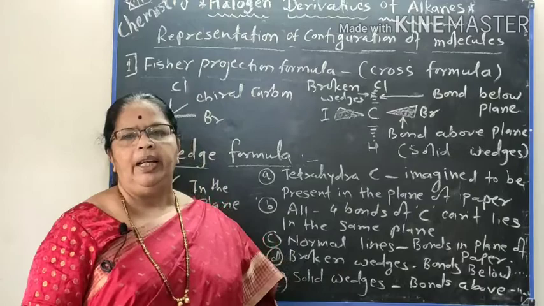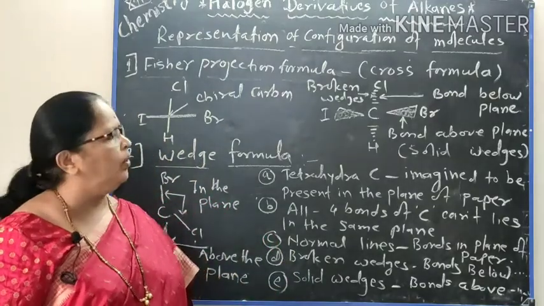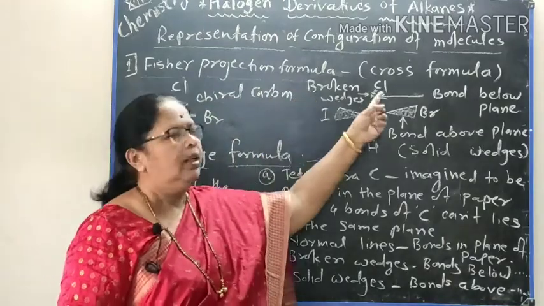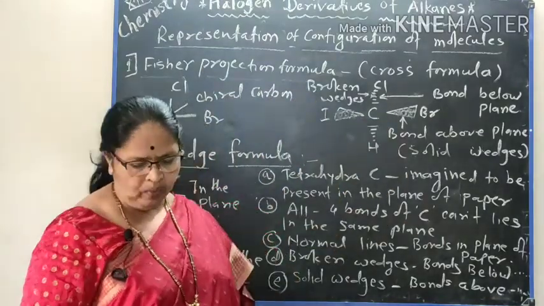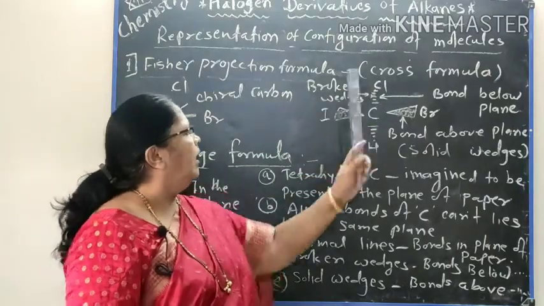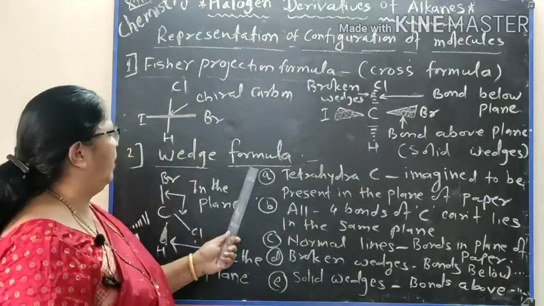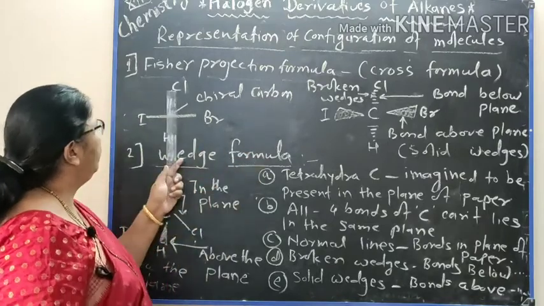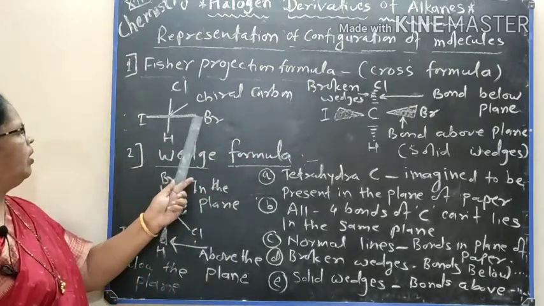Mostly, alkyl halides are represented in two ways. First one, Fischer projection formula, that is called the cross formula. And second one, wedge formula. In the Fischer projection formula, it is mainly represented by the cross sign.